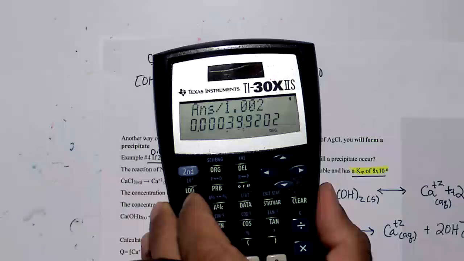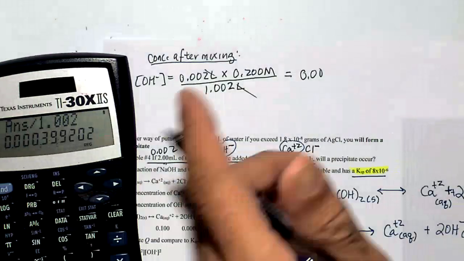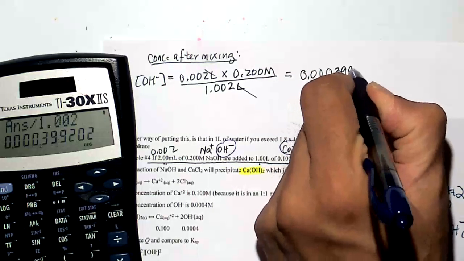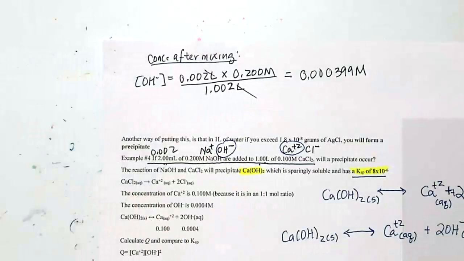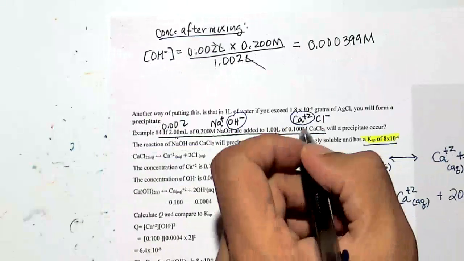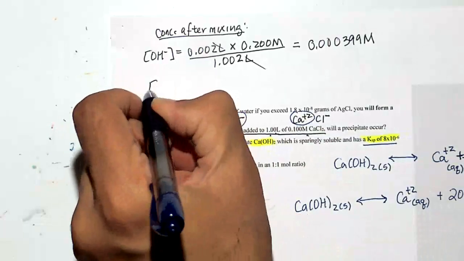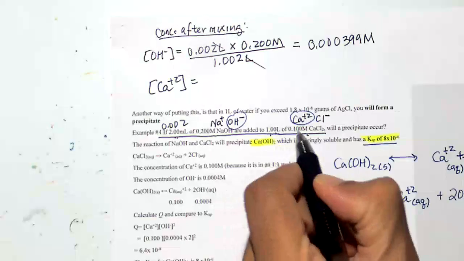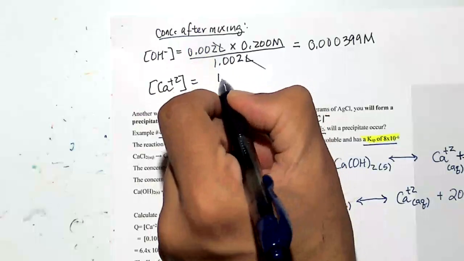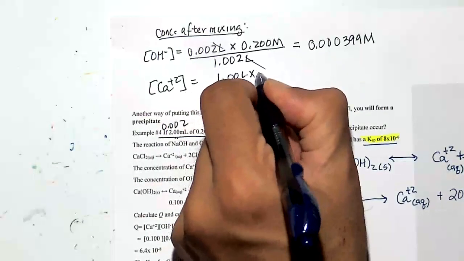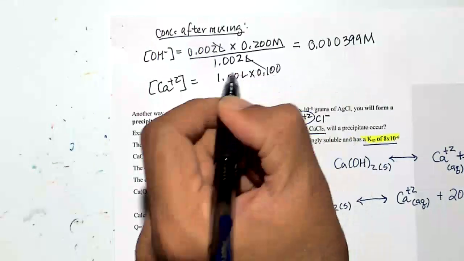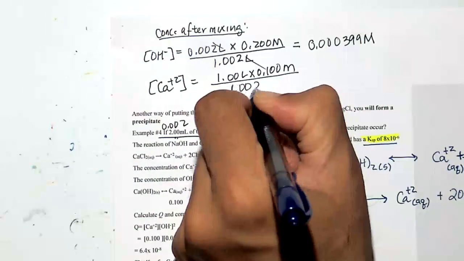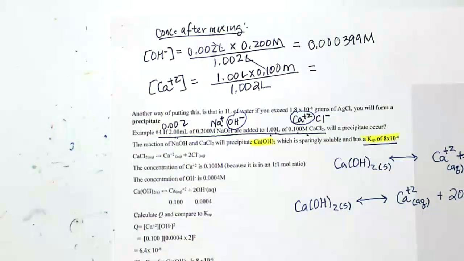Now the concentration of the calcium ion coming from calcium chloride: we have 1 liter times 0.1000 molar, and our total volume is 1.002 liters.